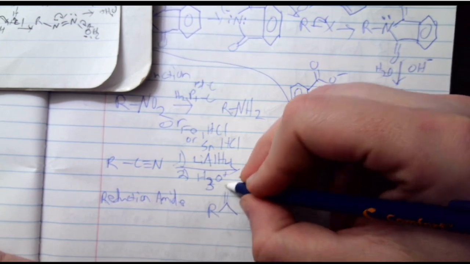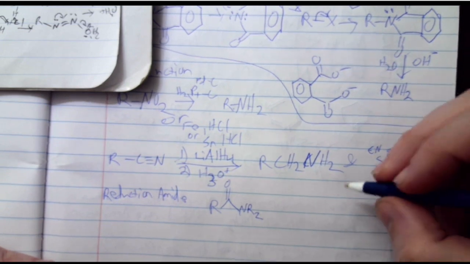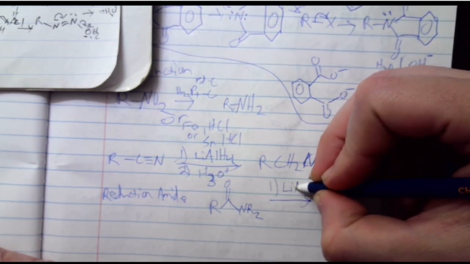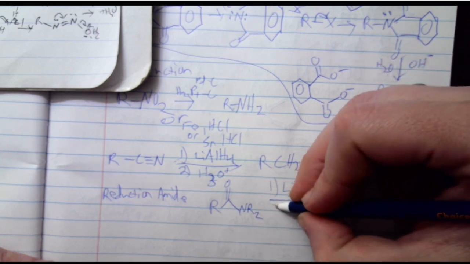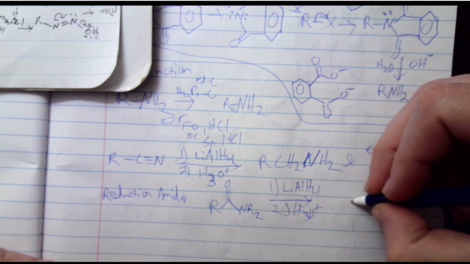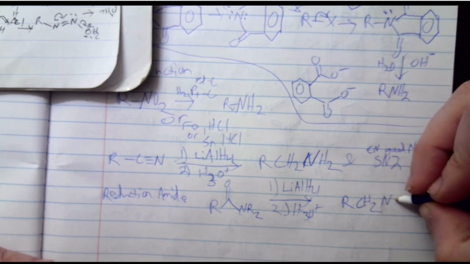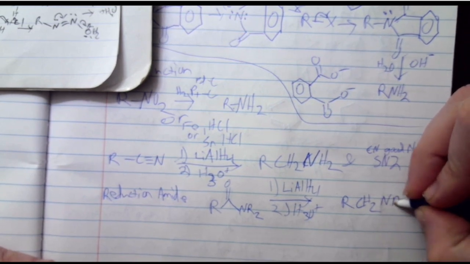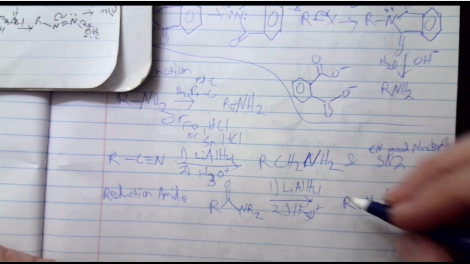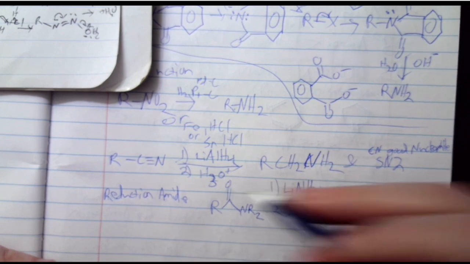Like if I have a tertiary amide, and I just use lithium aluminum hydride and acid, we're going to have a tertiary amine. Remember that basically all that gets reduced, nothing else.